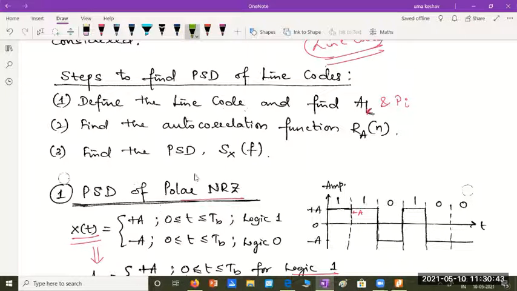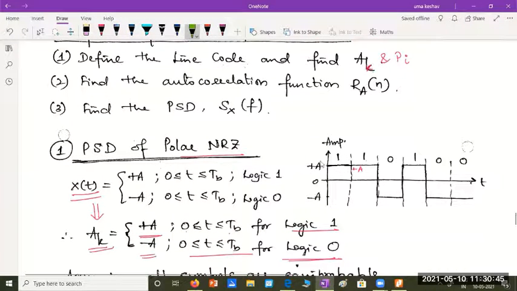As we had already defined polar NRZ, polar means amplitude will be plus A for logical 1 and amplitude will be minus A for logical 0. So x of t, which is the time domain definition of the random process.